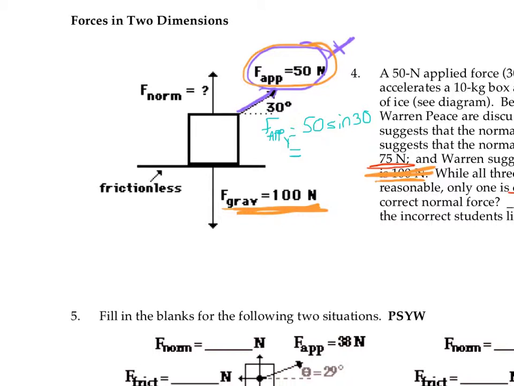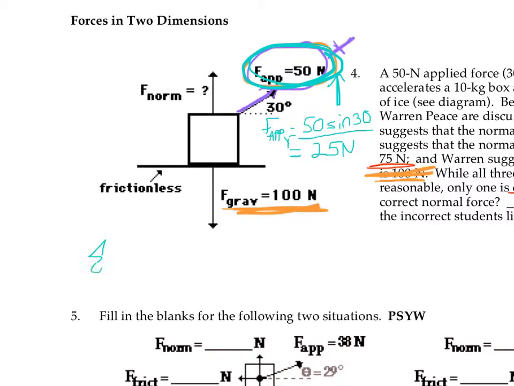We can start by breaking this force up into its x and y components. We can find the y component by doing 50, the hypotenuse, times sine of 30, which gives us 25 newtons going up in the y direction.